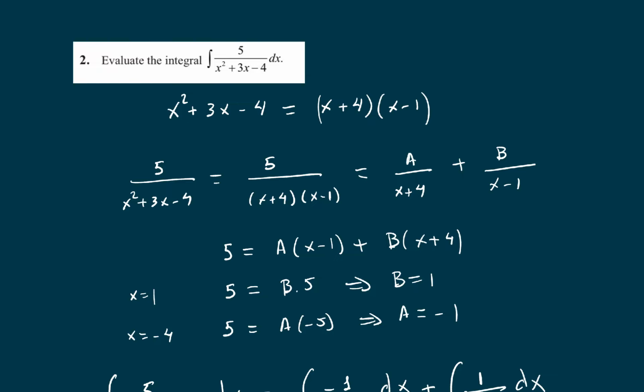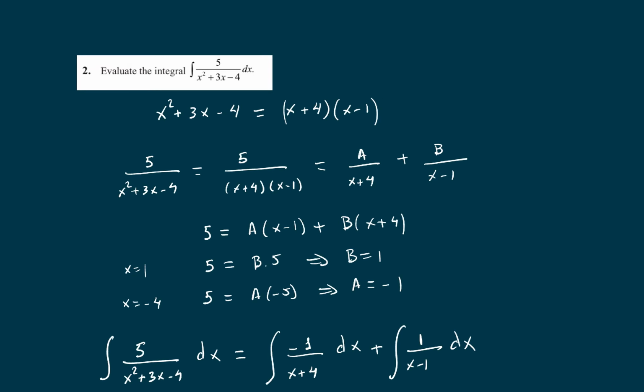If you make this operation here, it will be A times x minus 1 plus B times x plus 4, divided by x plus 4 multiplied by x minus 1. Now, because they have the same denominator, 5 should be equal to the numerator here. So 5 is A times x minus 1 plus B times x plus 4. The numerator equals the numerator because the denominators are the same.